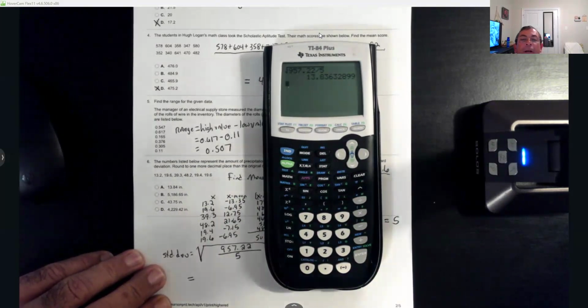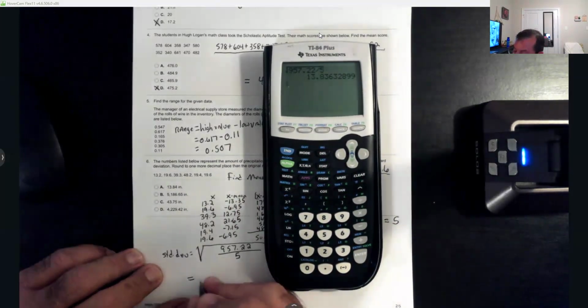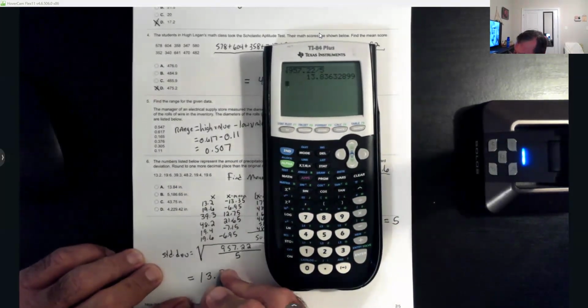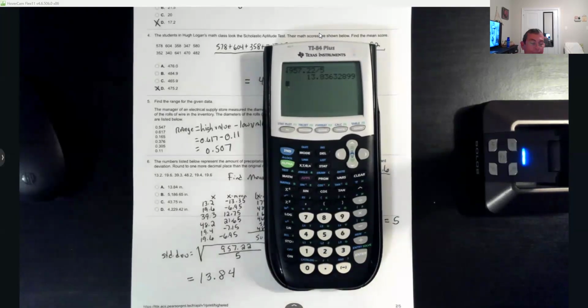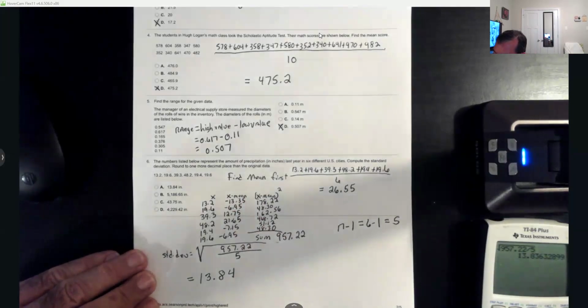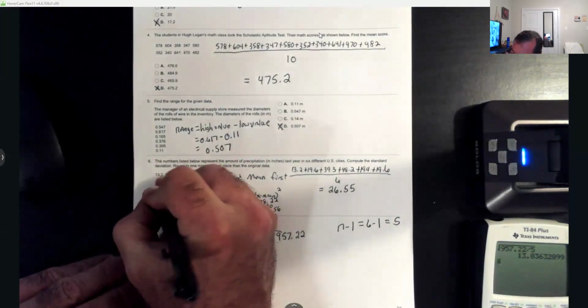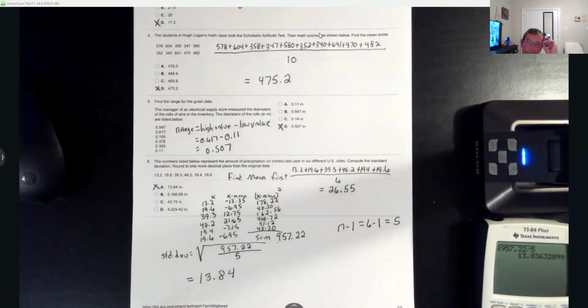So this looks like 13.8, so we'll make that 3 a 4 because of that 6 after it. So we get 13.84. All right, y'all, so let's look. And look at that. A is 13.84.